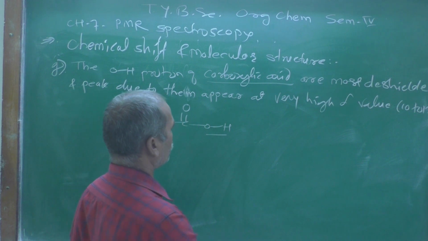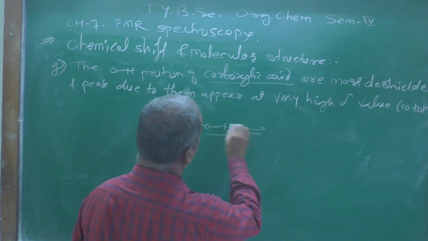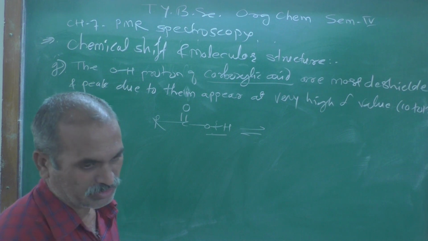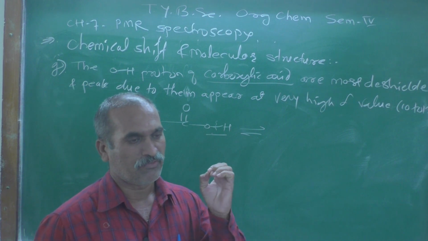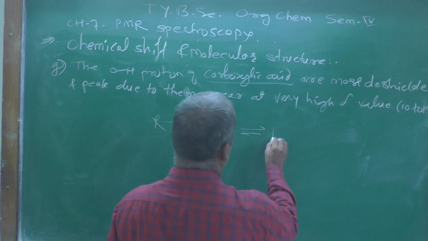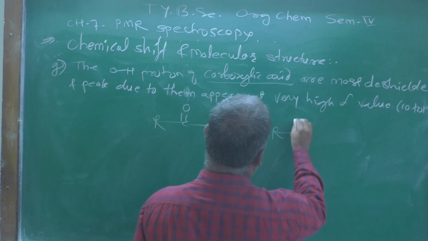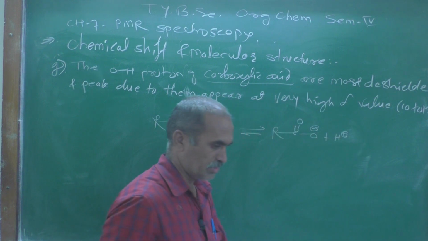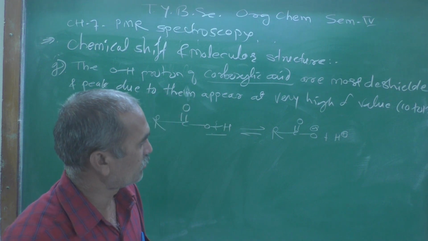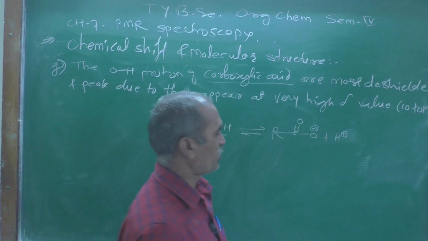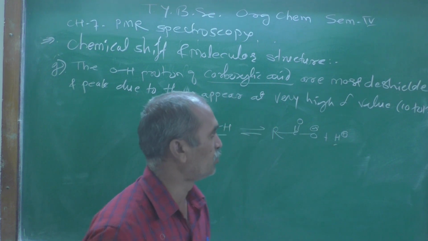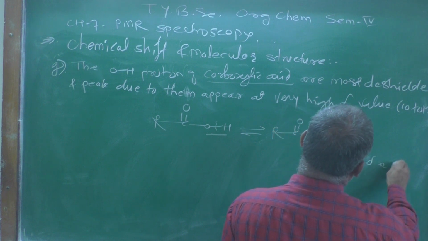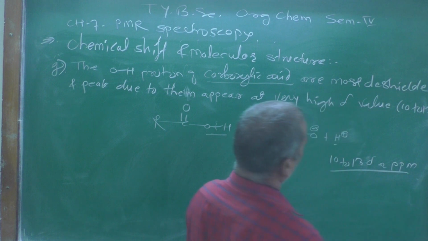After dissociation, an equilibrium is attained. The bond between oxygen and hydrogen atom cleaves very easily. It will produce RCOO minus and H plus. This proton is just like a naked proton, with no electron around it, and that's why the chemical shift value is found to be 10 to 13 delta or ppm.